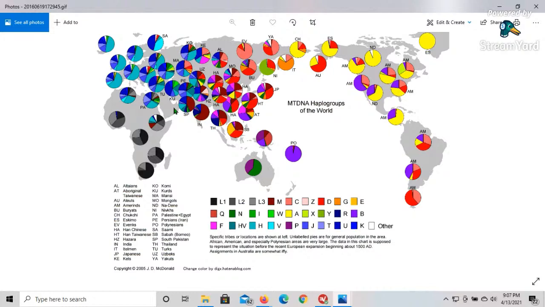And of course the Y chromosome is throughout Europe too. It's just that the Y chromosome gets hammered in the battles and warfare and everything.